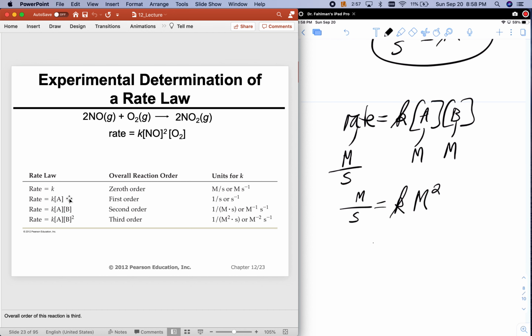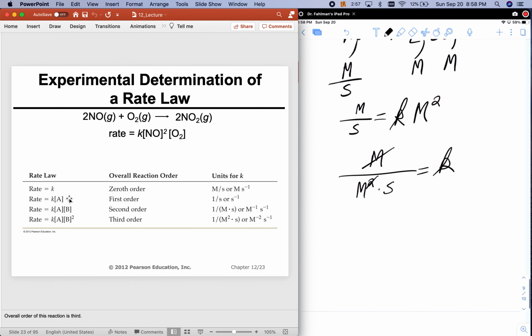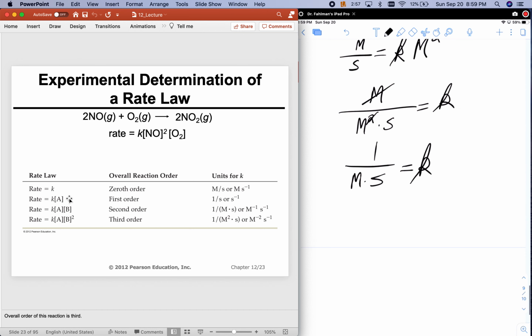So we've got M over M squared times s is equal to k, or k is equal to 1 over M times s, or M to the minus 1, s to the minus 1. And then we already did third order in the previous slide.